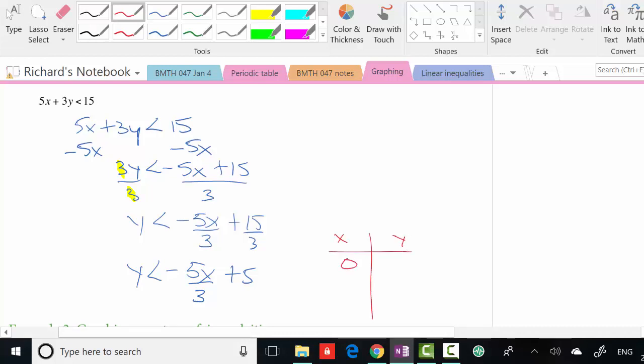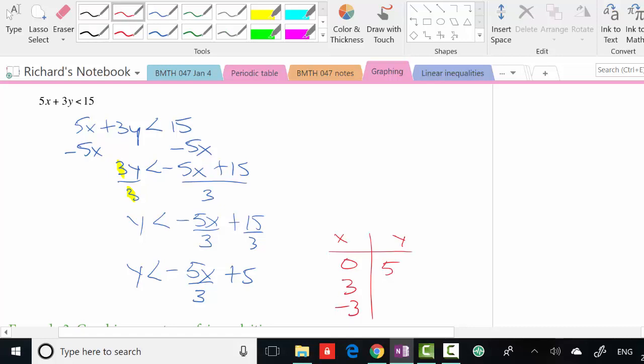So I'm going to use 0 for x, and because the denominator of the term containing the variable has a 3 in it, I'm going to go up and down in increments of 3. So anything times 0 is 0, so minus 5 times 0 divided by 3 is 0. But then plus 5 gives me a value of 5 for y.